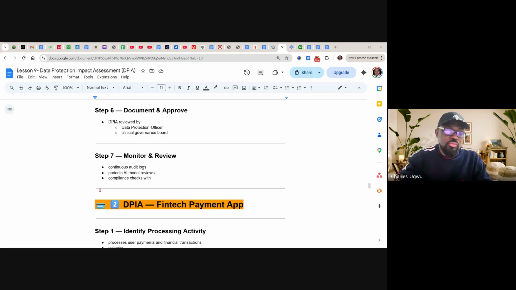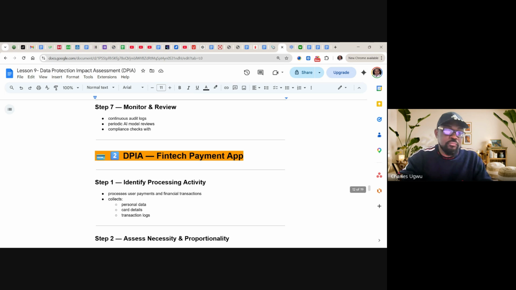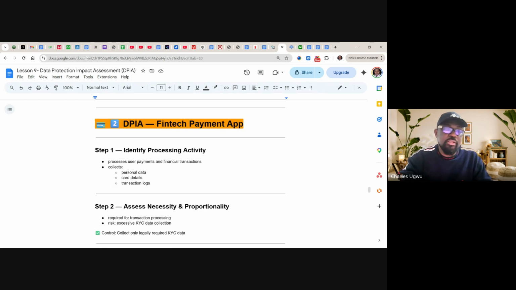Now, if you are working within fintech, let's look at fintech. This is a fintech payments app. Under this, identify the processing data.